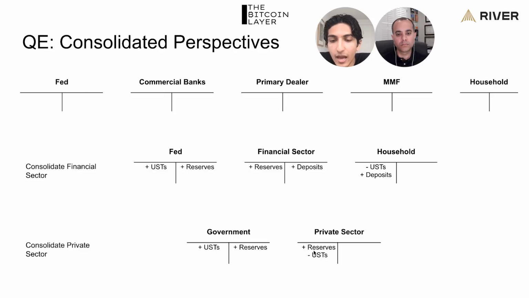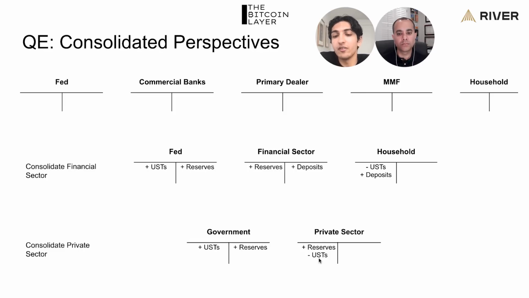And so all that's really happening here is, let's say the treasury that was bought was a 10-year treasury bond. The only thing that's really happened then is that the 10-year treasury bond has been converted into like a one-day treasury bond, or like an overnight, or a very short-term kind of cash asset. So all that's happening is that duration has been removed from the private sector, but also the income associated with that duration.